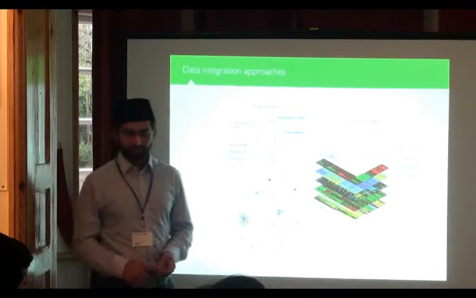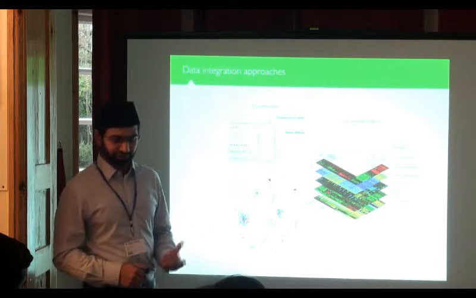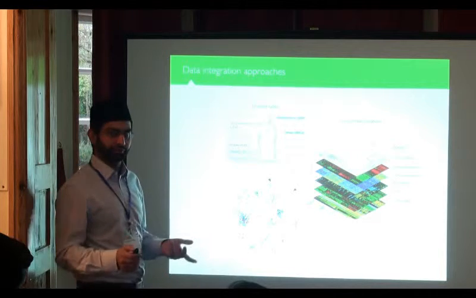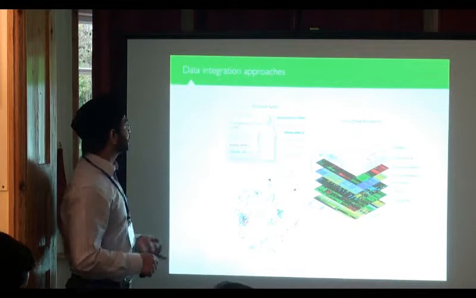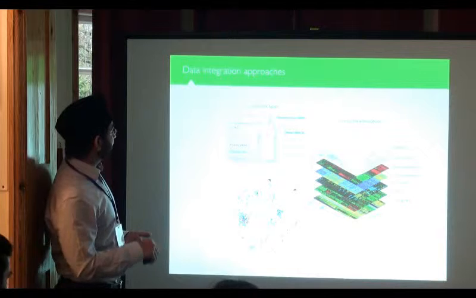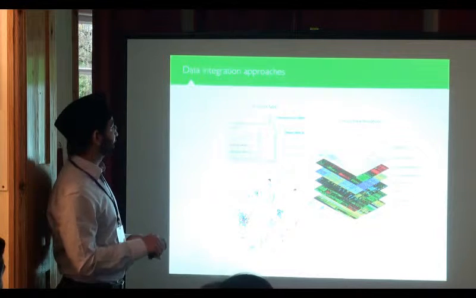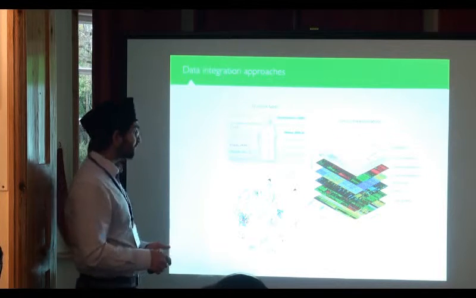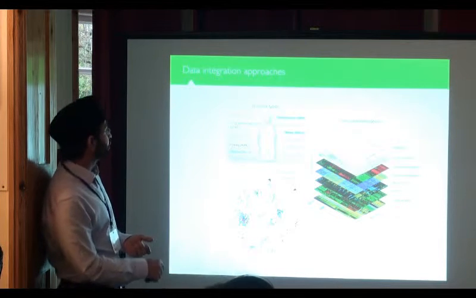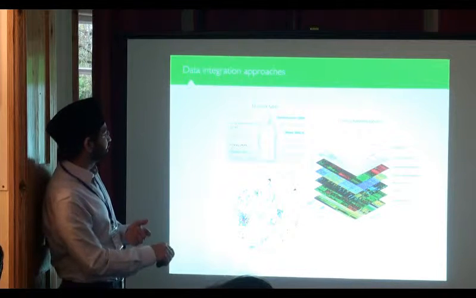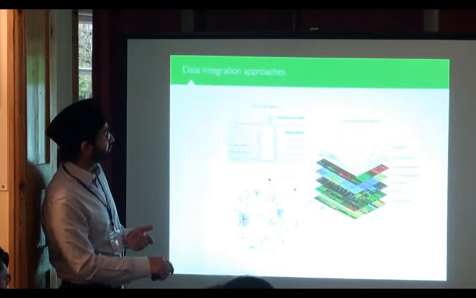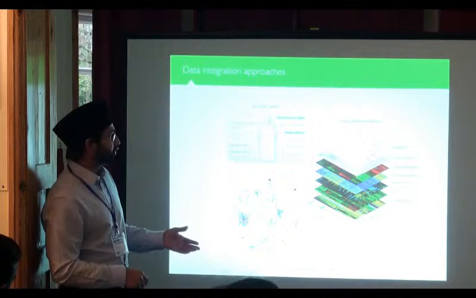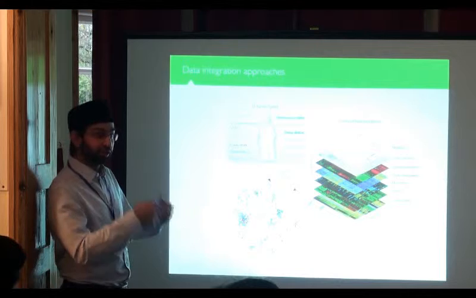Obviously I can't talk about all the projects I'm working on, so I decided to focus on one of them. This is a general approach that we have in biology: you have information on many different cancer types, information about patients, and then information about each patient, what is happening on their DNA. Do they have mutations in their genes?